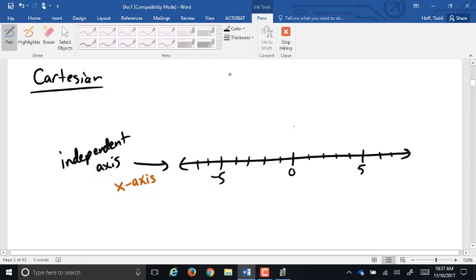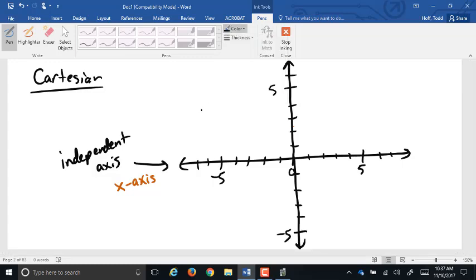And then what Descartes did was said, well, to represent the second number, let's take a second number line and let's run it vertically, perpendicular, and number, just like we would before, positive numbers going up now and negative numbers going down. And that, of course, is referred to as the dependent axis.